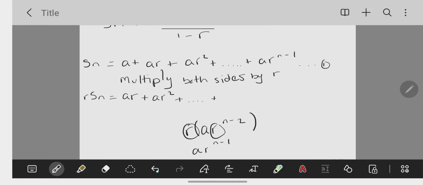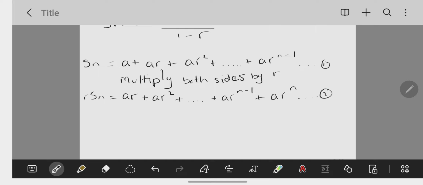Negative 2 plus 1 gives me negative 1. So I have ar to the n minus 1, plus, now this very last term, if I multiply it with r, I'll just have ar to the n. And that's our second equation.